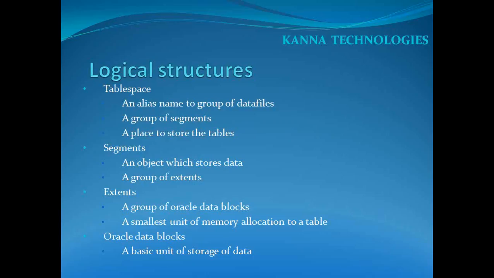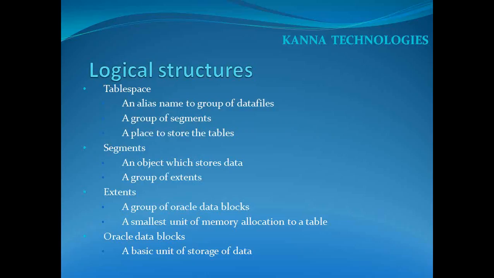What exactly is meant by extents is, as the first line says there, a group of Oracle data blocks is called an extent. Suppose you combine 50 blocks or 100 blocks. Altogether those blocks we are going to call an extent. Not only that, an extent also has one more definition: it is the smallest unit of memory that is allocated to a table. So when you create a table, Oracle will allocate some memory in order to store the data, like 1 MB or 5 MB or 10 MB.